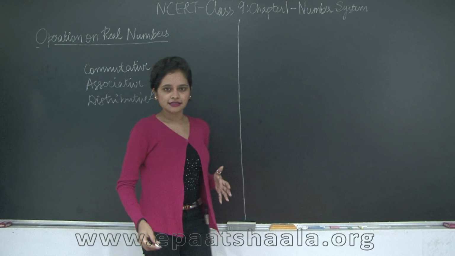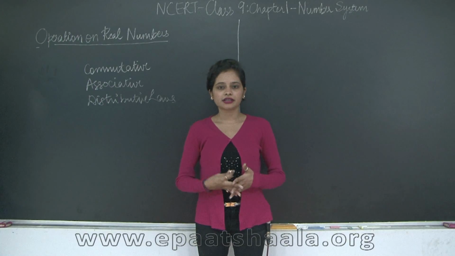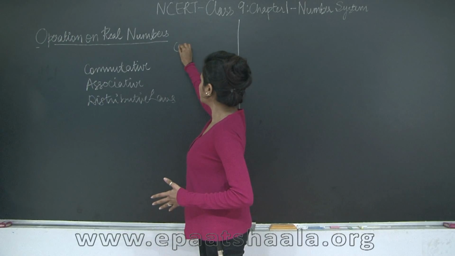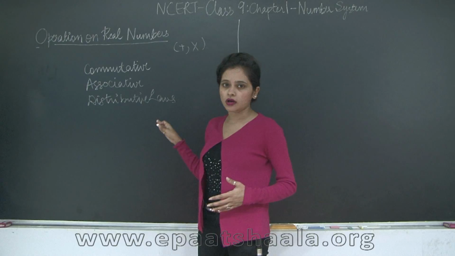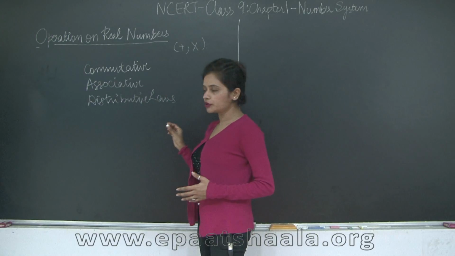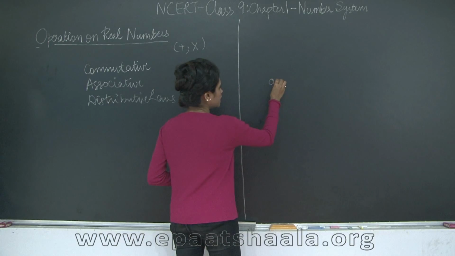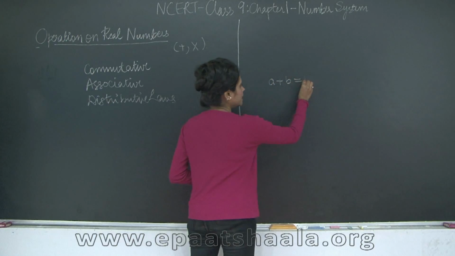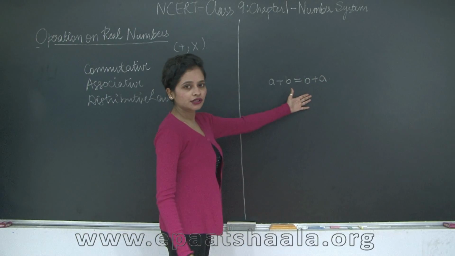We will take a look at these laws, but you had studied in your 8th grade that rational numbers satisfy these 3 laws for addition and multiplication. So, let us see what these laws are. When I take the first one, commutative, suppose I have a number a plus b, it can be written as b plus a. So, this is for the addition.